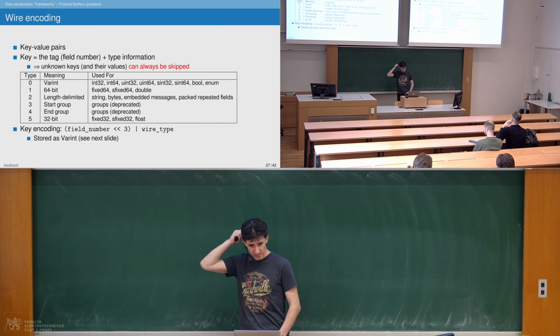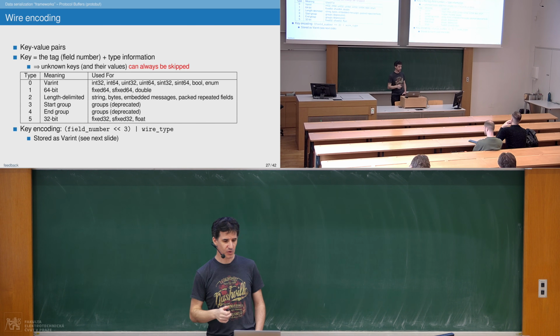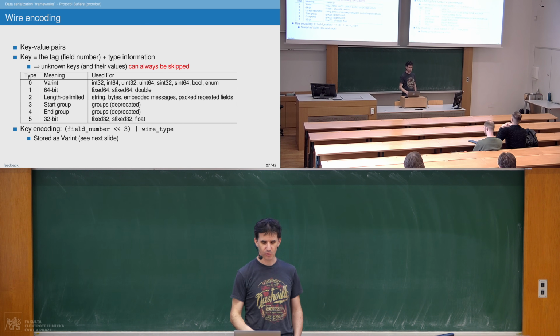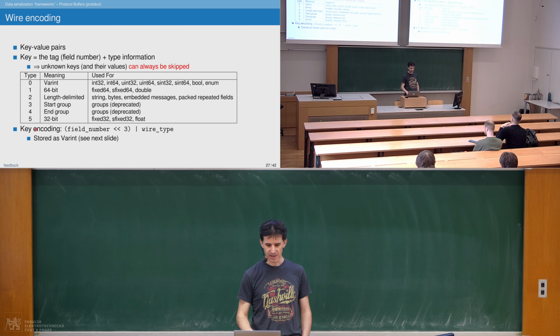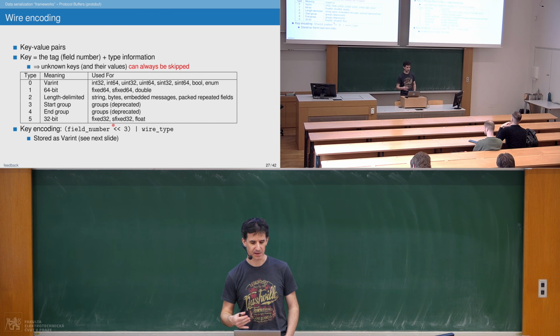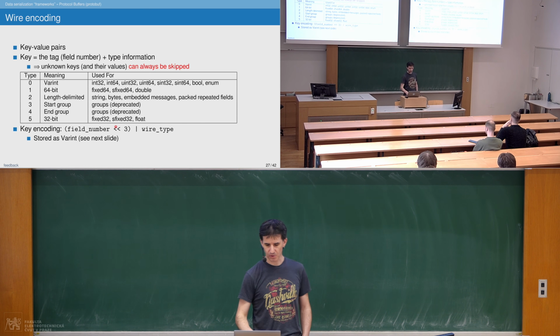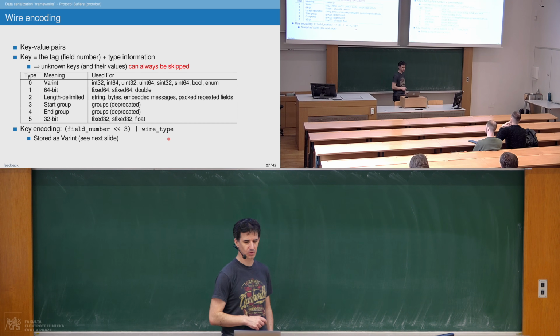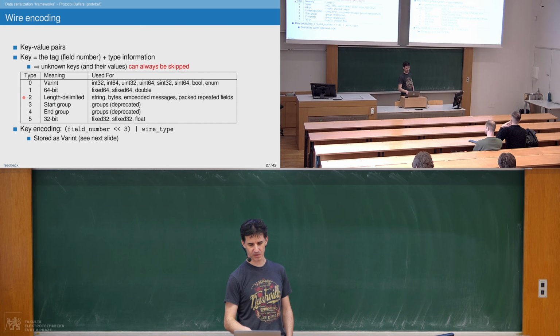Whenever you want to send some data, you first send this key, and this key is a number. You take the field number, which is basically the tag, and shift it to the left by 3 bits, and the lower 3 bits store the type according to this table.